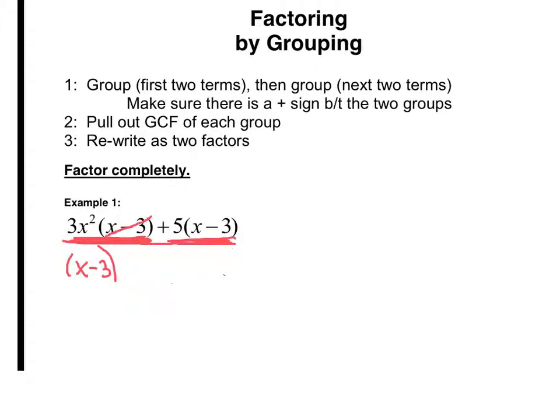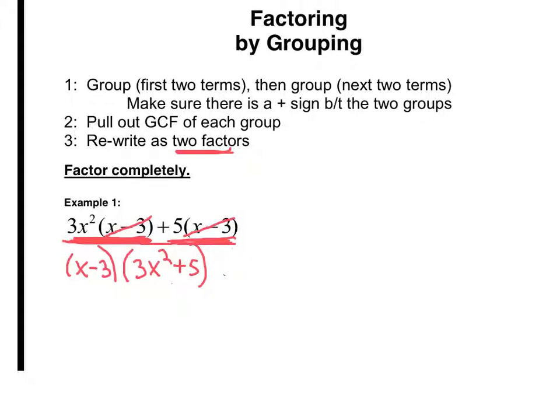And then what I have left, I will put in parentheses: 3x squared plus 5. So these are the two factors that when you multiply them together you would get your answer. So that is the answer to number 1.